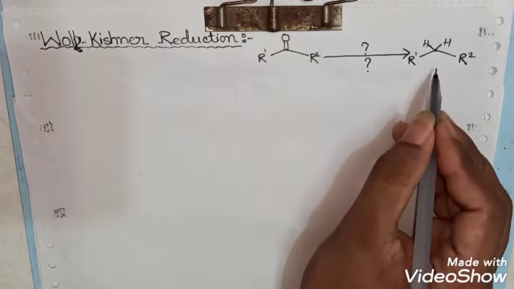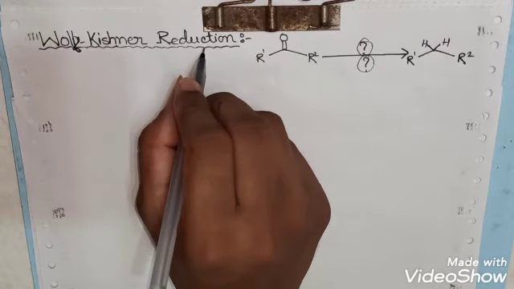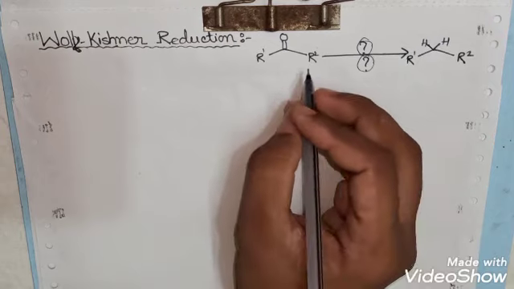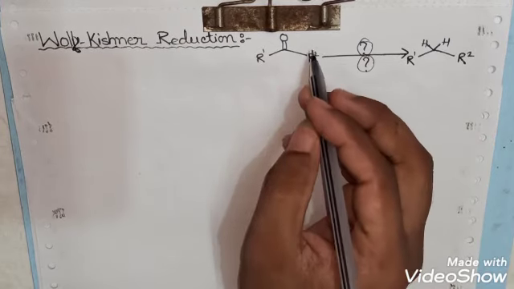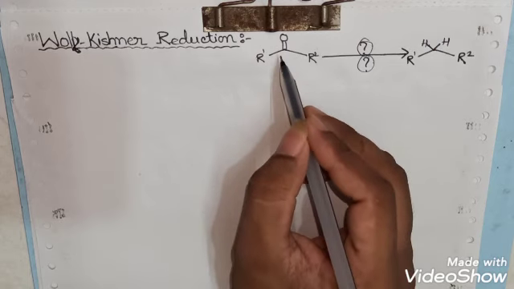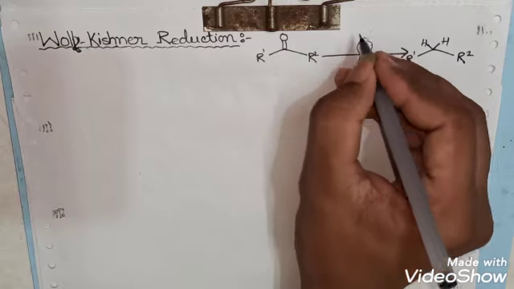So what is the requirement of this Wolff-Kishner reduction? The Wolff-Kishner reduction is an organic reaction used to convert an aldehyde or ketone to an alkane using hydrogen, base and thermal conditions.